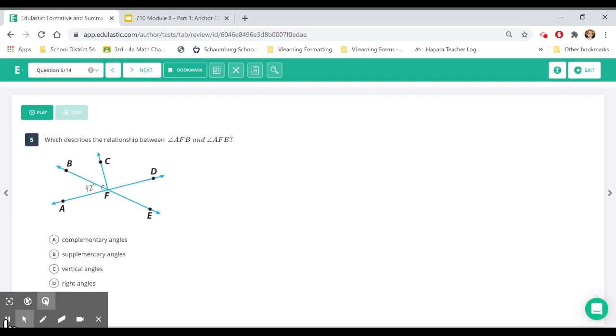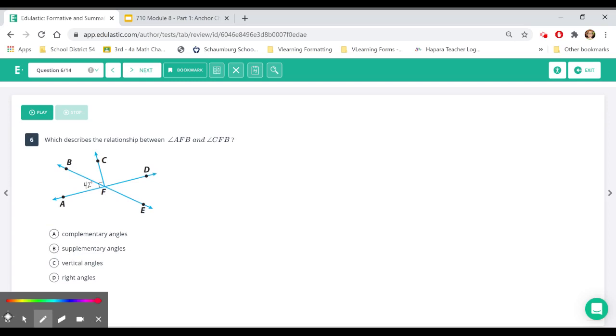All right, next question. Which best describes the relationship between AFB and AFE? AFB and AFE, they make this straight line, which is a supplementary angle pair. Number 6, which best describes the relationship between AFB and CFB?